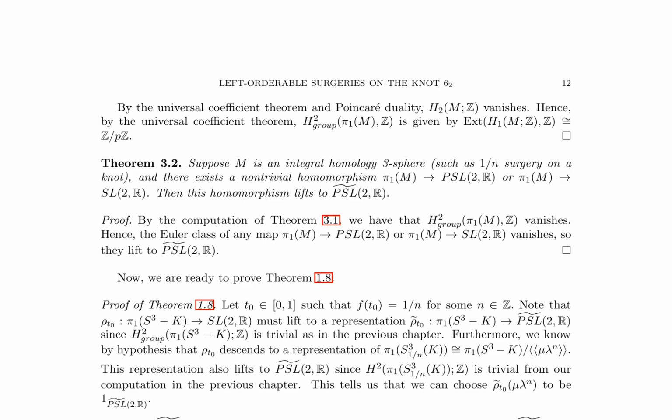Theorem 3.2 states that if M is an integral homology 3-sphere, such as a 1/n surgery on a knot, and there exists a non-trivial homomorphism π1(M) → PSL(2, R) or SL(2, R), then this homomorphism lifts to PSL(2, R)~.